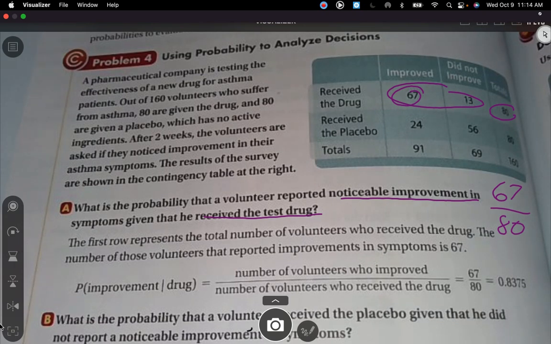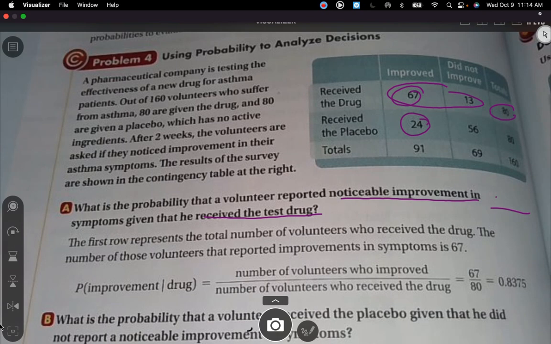That would have been 24 out of 80. Wait, no, I want those who received the placebo and improved, so it's 24. Oh, it is out of 80, sorry, I wasn't looking at that. 24 out of 80.